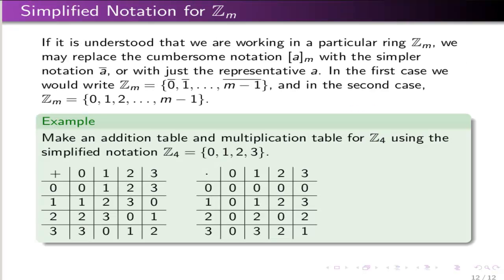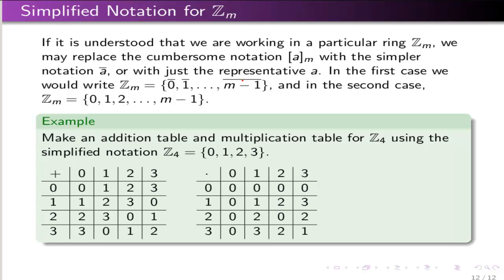Now the notation of using the bracket sub m can be rather cumbersome, and so there are 2 simpler types of notation we frequently use in modular arithmetic, or when we're working in the ring Z mod m. You can just put a bar over the value, and so Z_M you would represent with 0 bar, 1 bar, up to m minus 1 bar.